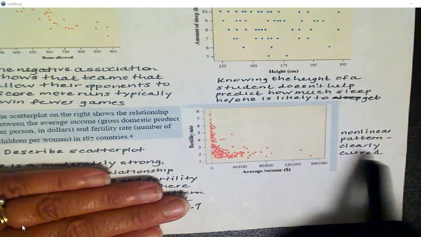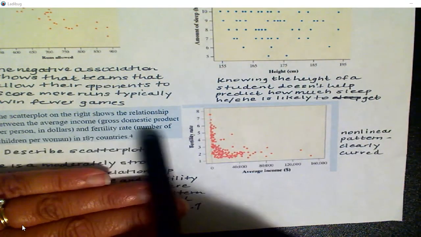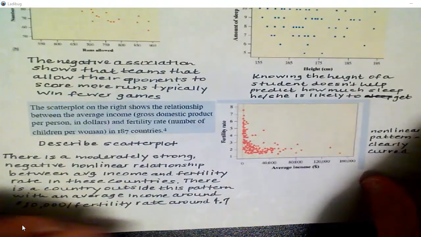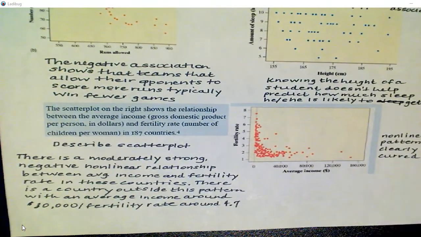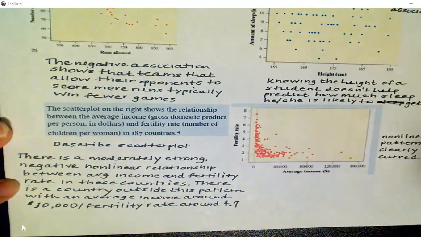This is showing the relationship between the average income per person and fertility rates in 187 countries. If I told you to describe the scatter plot, you would say it's a moderately strong, negative, nonlinear relationship between average income and fertility rate in these countries.